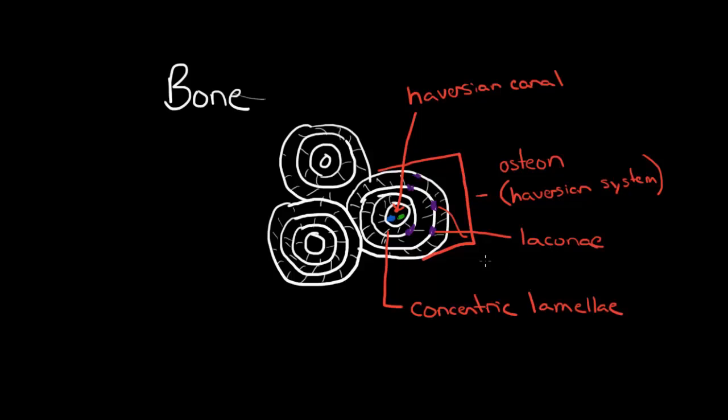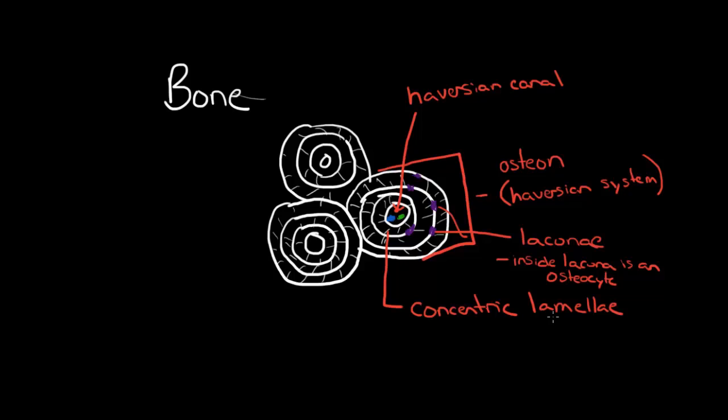Now, inside one lacuna, we have the cells. Inside the lacuna is an osteocyte, which is a bone cell.